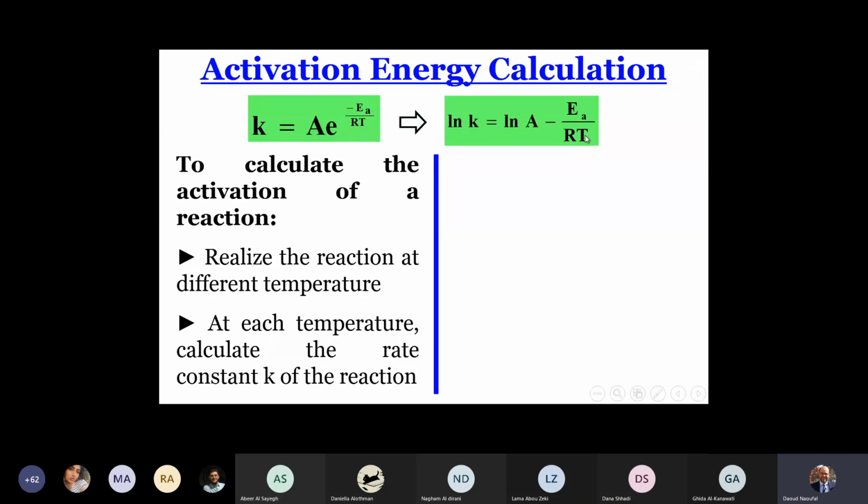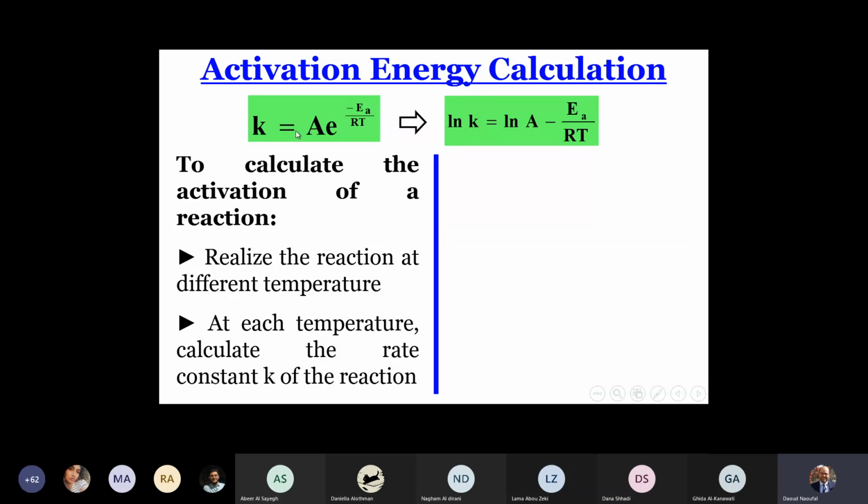For each temperature, you can find, by the methods we used previously, the rate constant K. At temperature T1, you obtain K1. At temperature T2, you obtain K2. At temperature T3, you obtain K3. At temperature T4, you obtain K4.